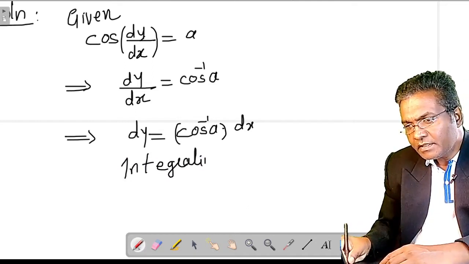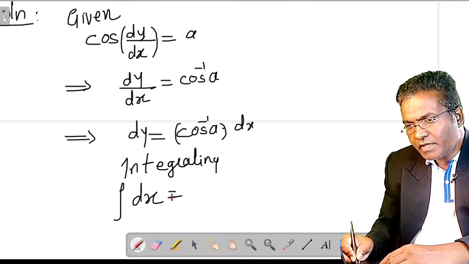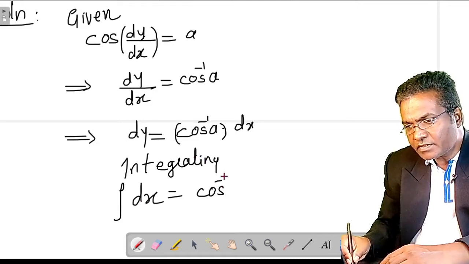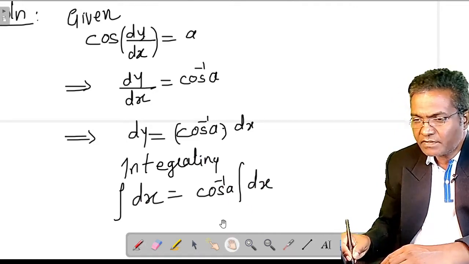Integrating both sides, integration of dy, this cos inverse a is a constant, I can keep outside the integral, into dx.